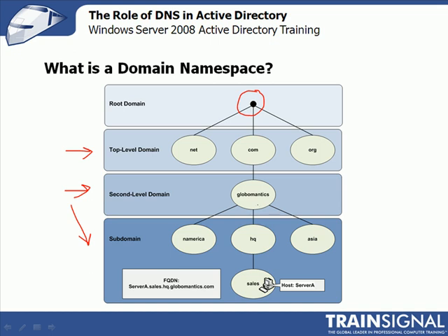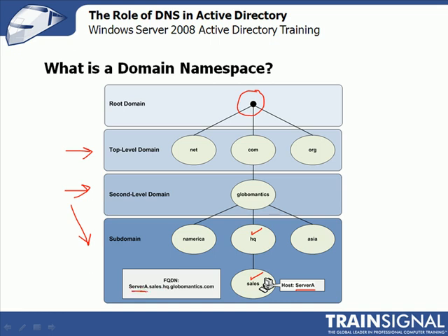So here, for instance, in Globalmantics, we have our headquarters subdomain, and then in headquarters, we have our sales domain. We're just continuing down with multiple subdomains, and then an actual host, an actual computer whose name is server A.